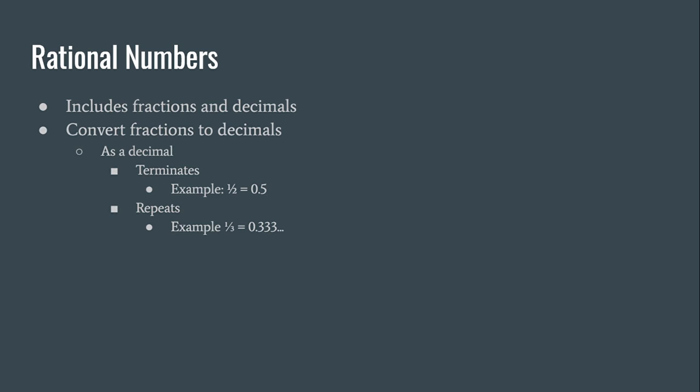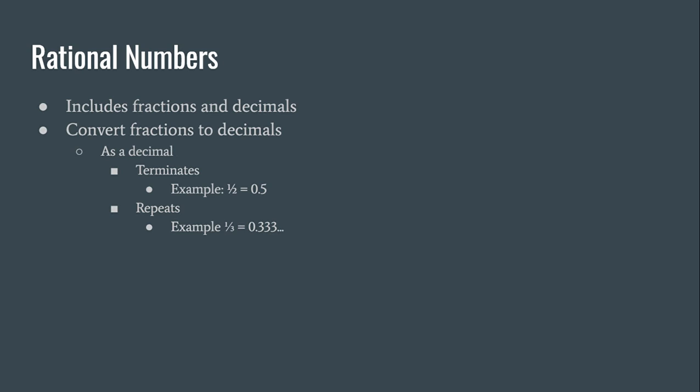The other one is repeats. If you reduce a fraction and then you convert it to a decimal and it repeats, it's also a rational number. The example that people like to use for this is 1/3 because it's simple also. 1/3 as a decimal changes to 0.333333 and so on. It's the same number repeating. This also holds true for repeating groups of numbers.